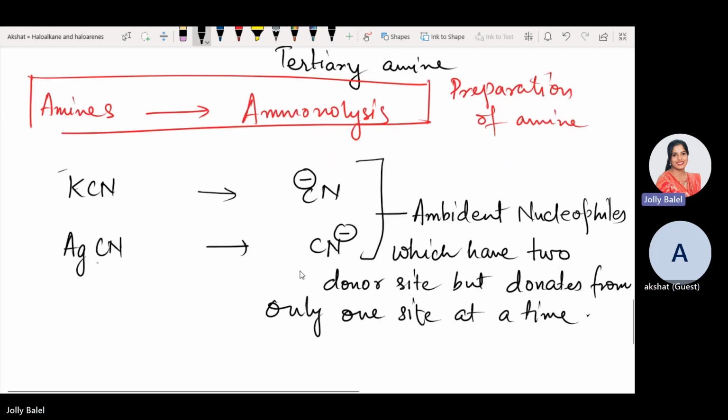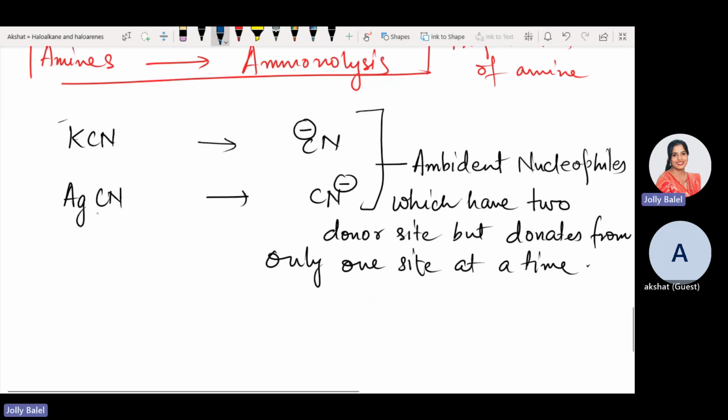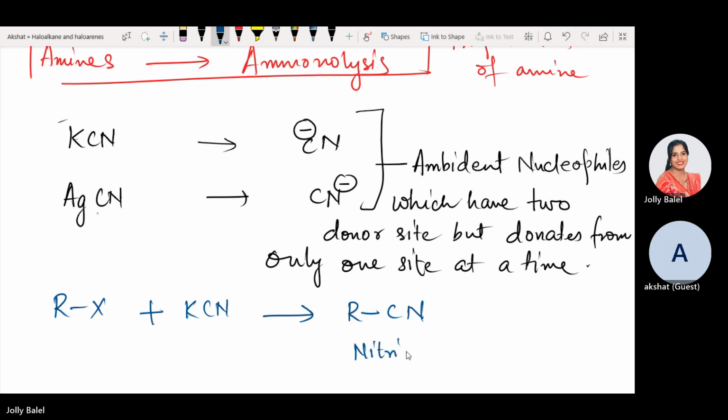Now, if I am taking RX plus KCN, your product will be RCN. This is known as nitrile, or some people used to say it as cyanide.